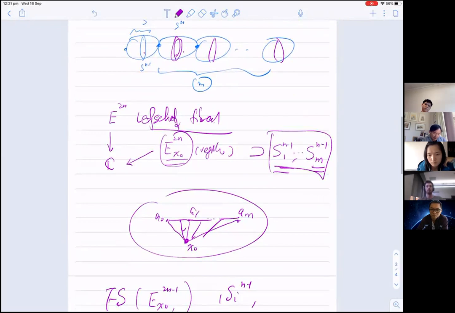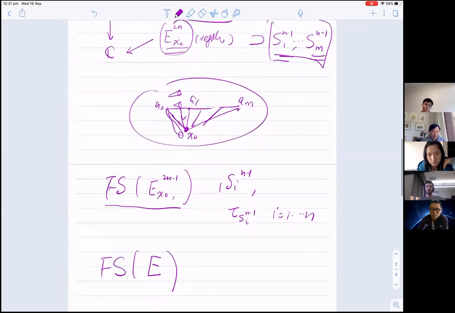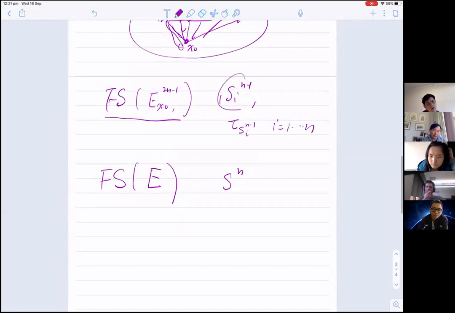I think these are the vanishing cycles. Suppose the disk, and here we have the disk, and here we also have a Lagrangian sphere which is not the vanishing cycle. The vanishing cycles are this one.